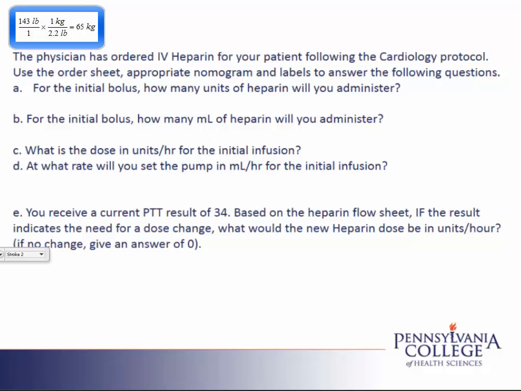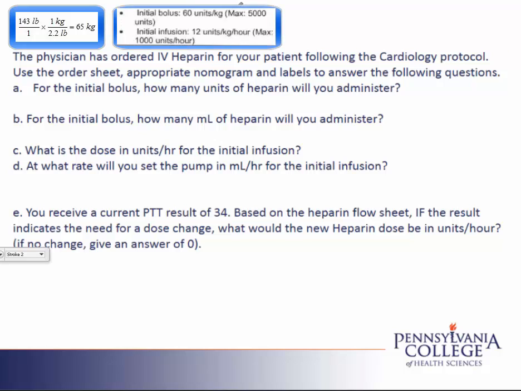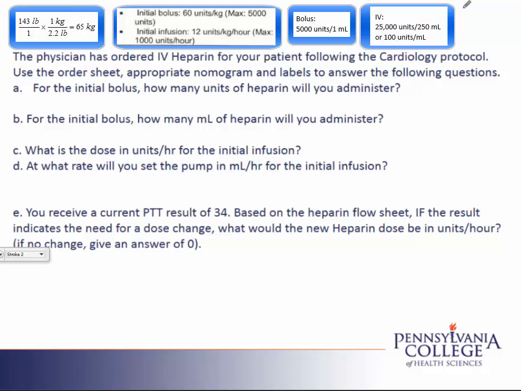I know that I'm going to need to calculate an initial bolus and initial infusion, so I copy those two details from the heparin protocol. I'm going to need the meds, so I record the strength of the bolus medication and the strength of the IV medication. Remember, with the IV, you can use either strength, the one that's reduced or the one that has not been reduced.